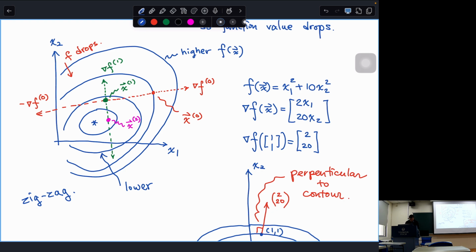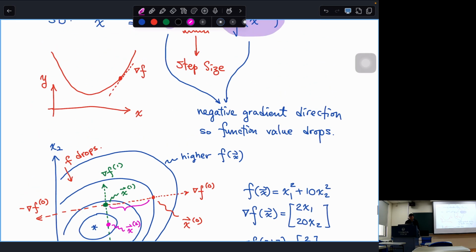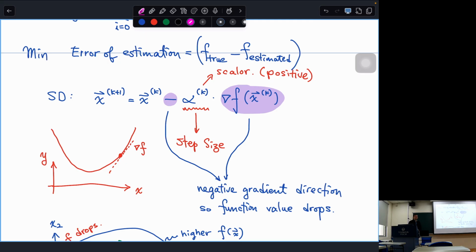The only question right now is, how do we know how much further we should step forward along this negative gradient direction? That distance is very important. That's basically the step size; we need to figure out alpha.